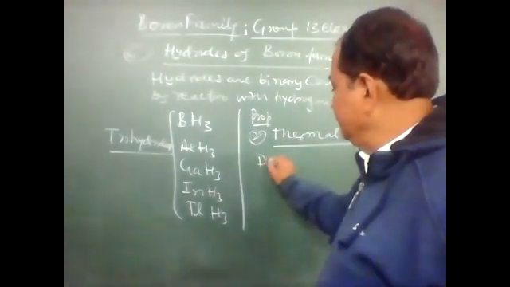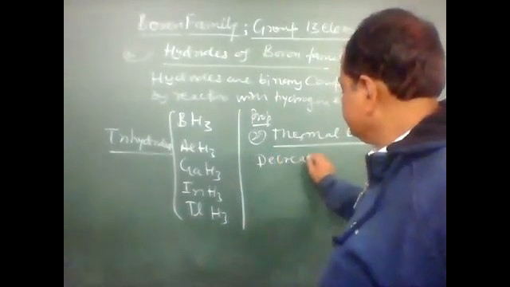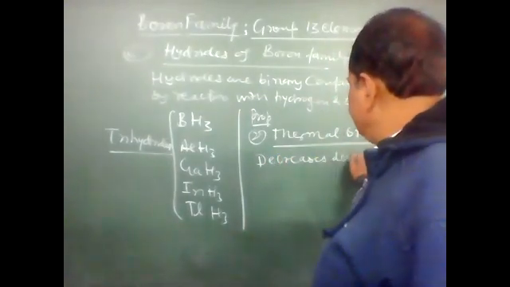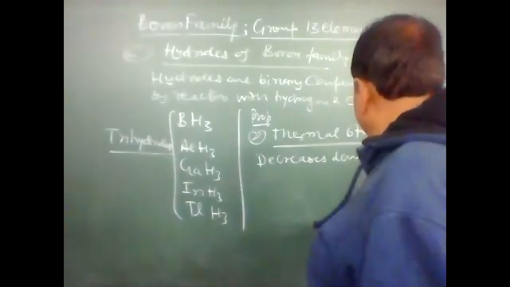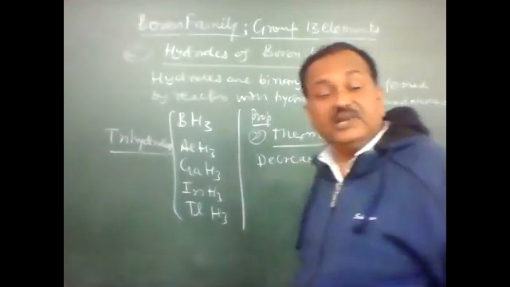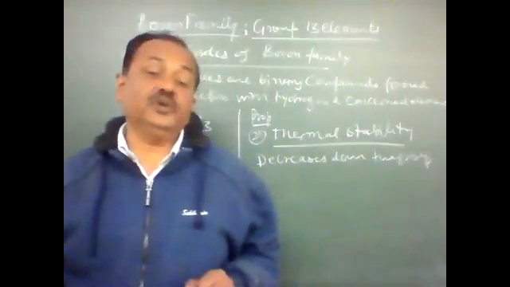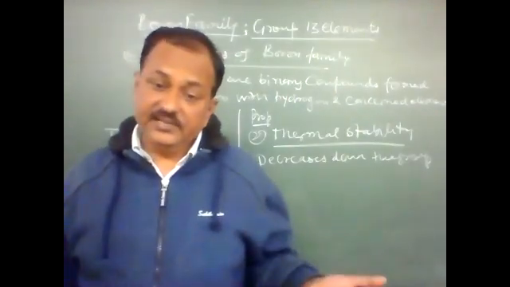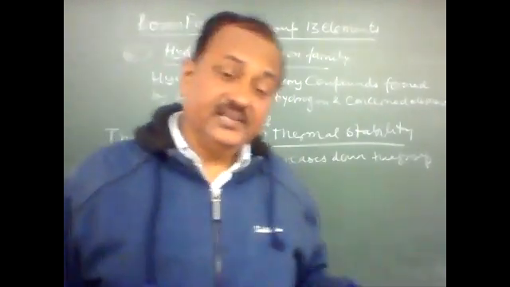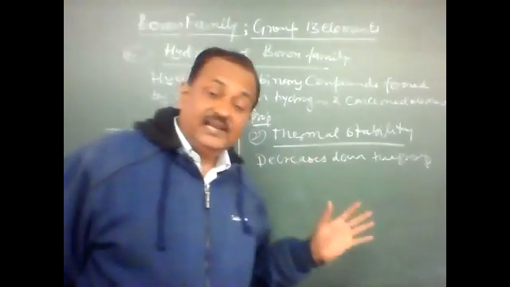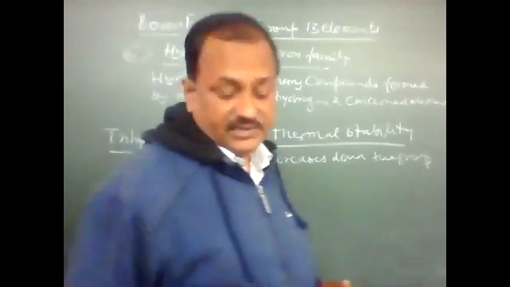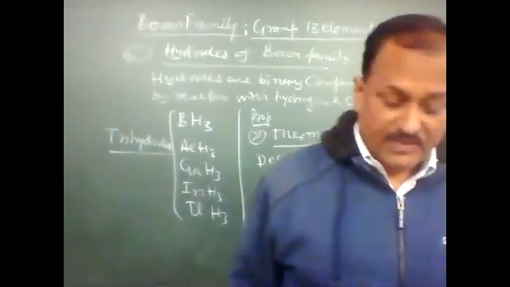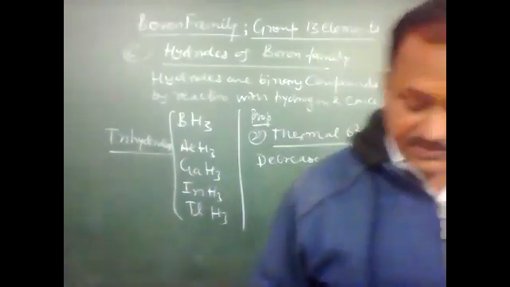It decreases down the group. Why does it decrease down the group? Due to increase in atomic size. Atomic size increases, and so they undergo dissociation very quickly.